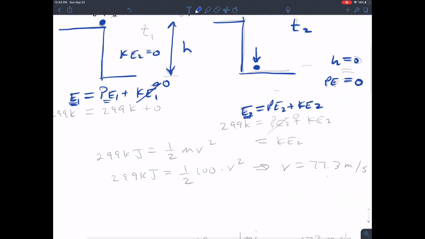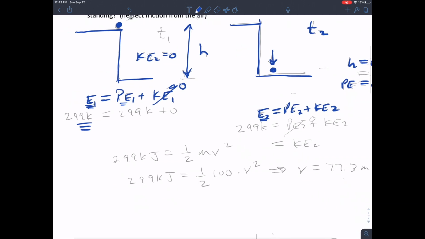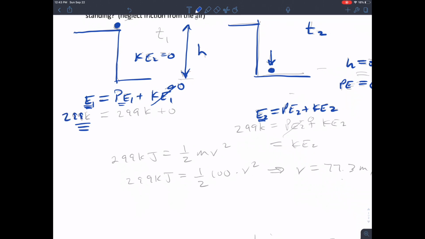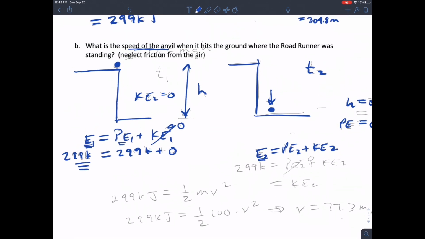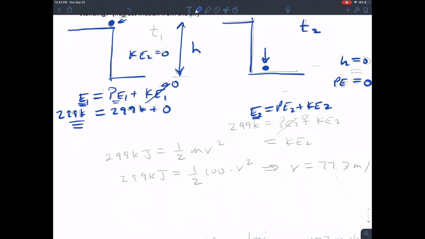All right, since energy is conserved, I know that the energy at time 1, 299 kilojoules, which was the potential energy plus the kinetic energy at time 1. Remember, the anvil is not moving at time 1, so the kinetic energy is 0. All right, so that energy matches between the 2 times.